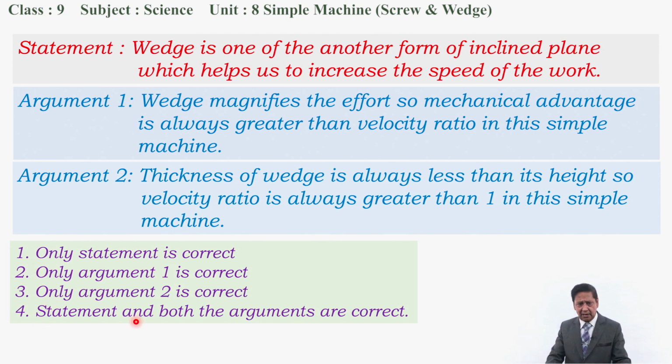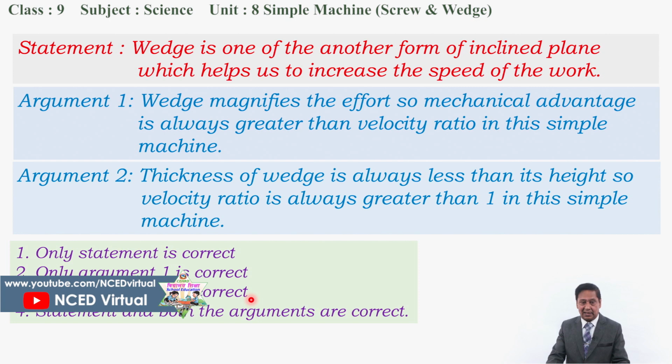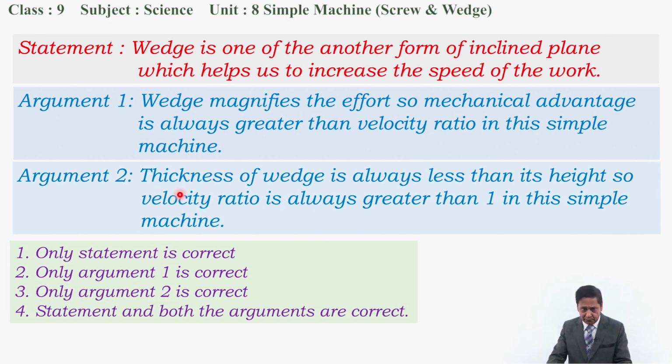Now look at the third: only argument 2 is correct. Let's see. Thickness of the wedge is always less than its height. Yes. So velocity ratio is always greater than 1 in this simple machine. Yes, this is correct, because thickness is less, so load distance is less, and height is effort distance, which is more.